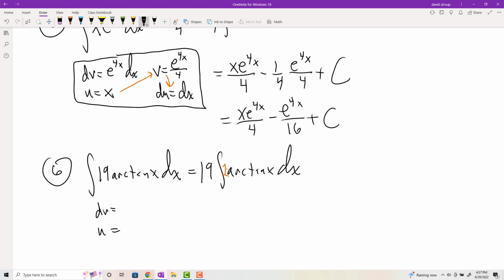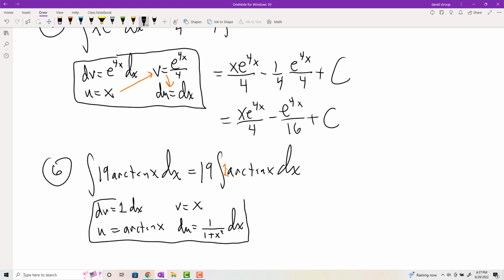Okay. From LIATE, we know the inverse trig comes before algebraic. The number 1 is considered algebraic. Okay, so I'll have arctan of x, and then for dv I'll put the 1 dx. Once you get over that hurdle, then it should be pretty easy. The integral of 1 is just x. The derivative of arctan x, which I expect you to know, is 1 over 1 plus x squared dx.